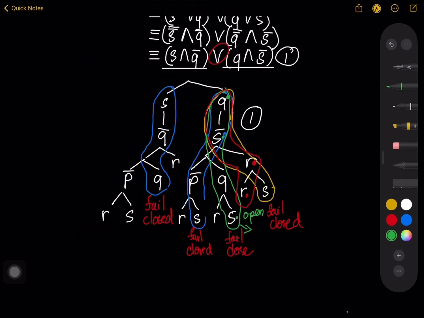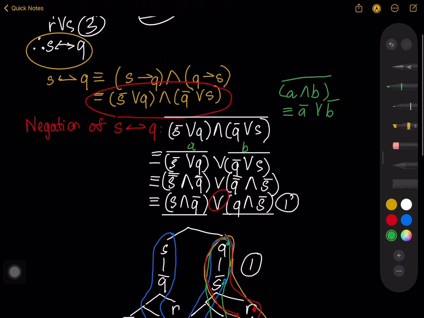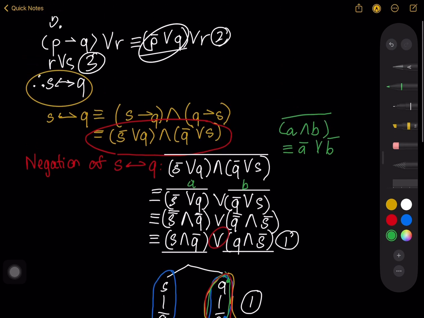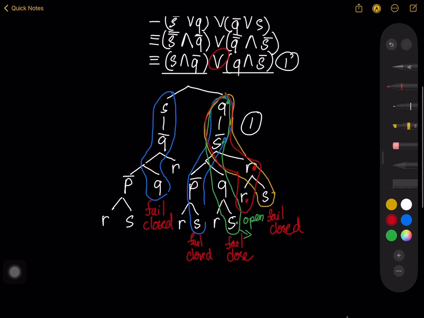At least one open branch, we can conclude that our original statement here is invalid. Okay, so that is what we have for the truth tree.